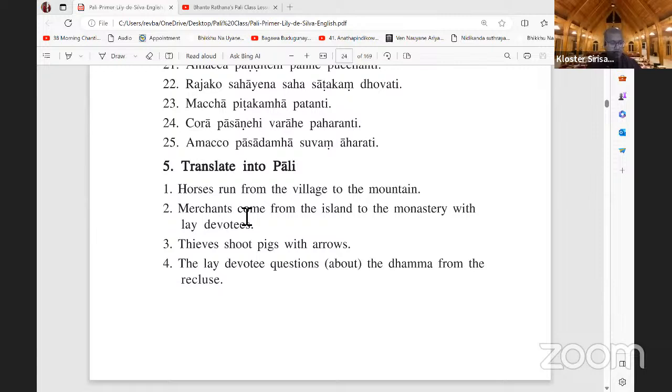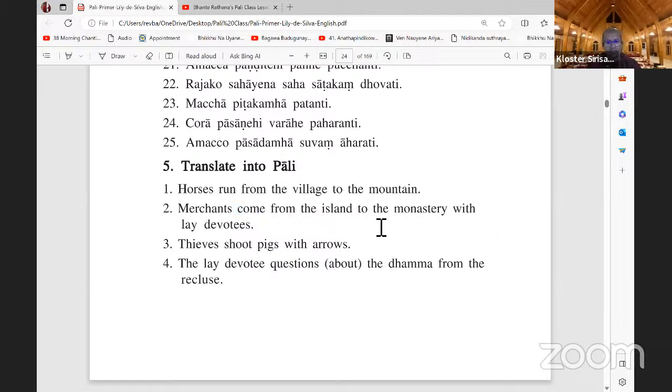Dipamha is the ablative case. Viharam agacchanti. Right? So very good. But what is the right order in the sentence? The first one is merchant, vanija, right? And the verb comes at the end, right?